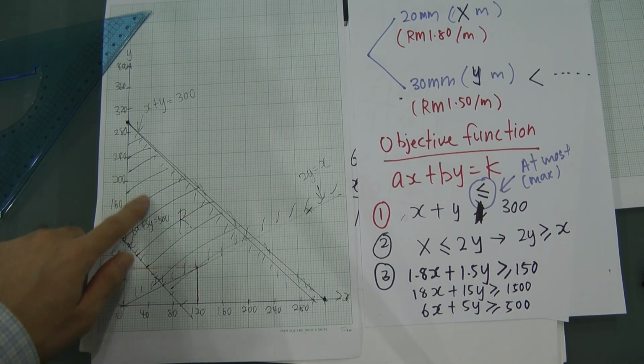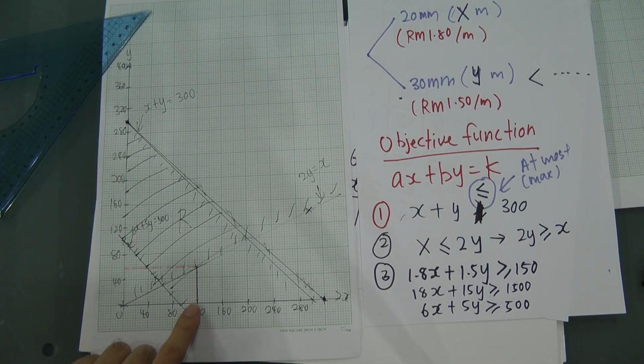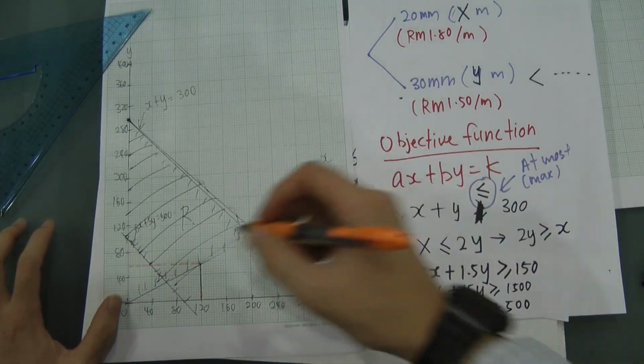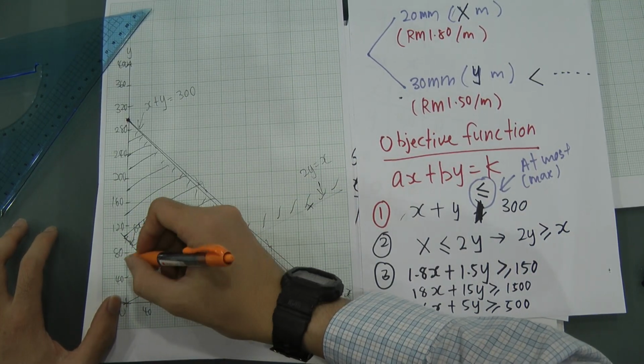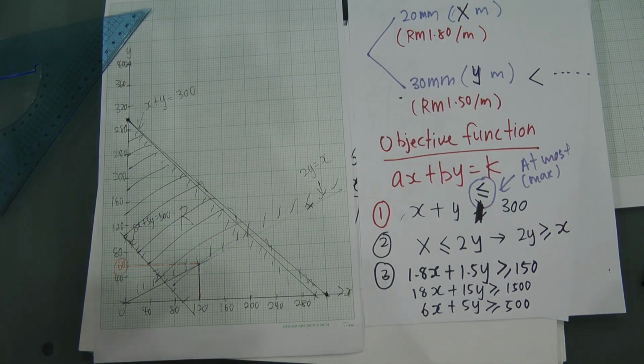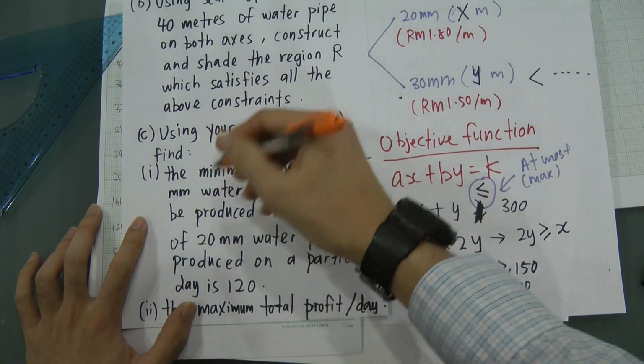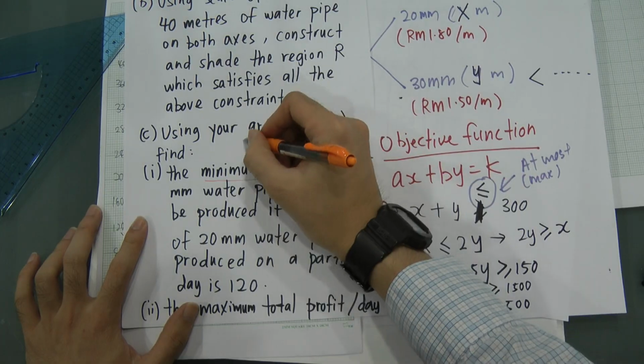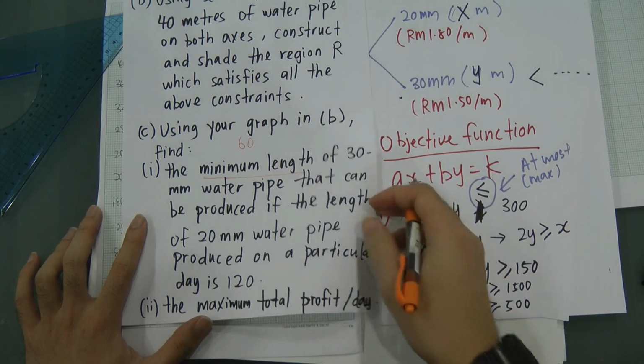You can find the maximum value here. But this one minimum means the first point you touch on the shared region, you move here and mark down the value. This value is very close to 60. So therefore, I know the minimum length for 30 mm pipe will be 60.